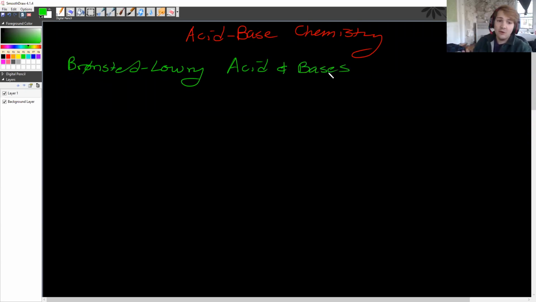All right. So Bronsted and Lowry are two guys, and they came up with this amazing way of looking at acids that creates a more rounded way. That's not to say that the other definitions are not important. It's just that in organic chemistry, their definition reigns supreme.